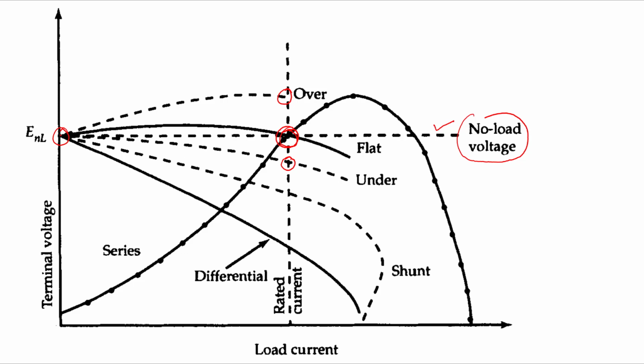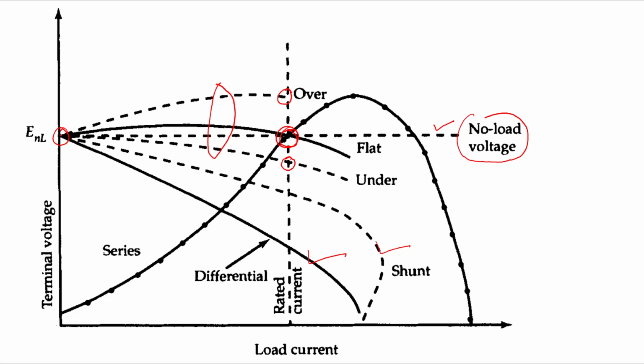So now other characteristics are given. This is for the shunt generator, this is for the differentially compounded. These three curves show the cumulative generator, because in case of a differential generator we cannot have such curves, over compounded or flat compounded.